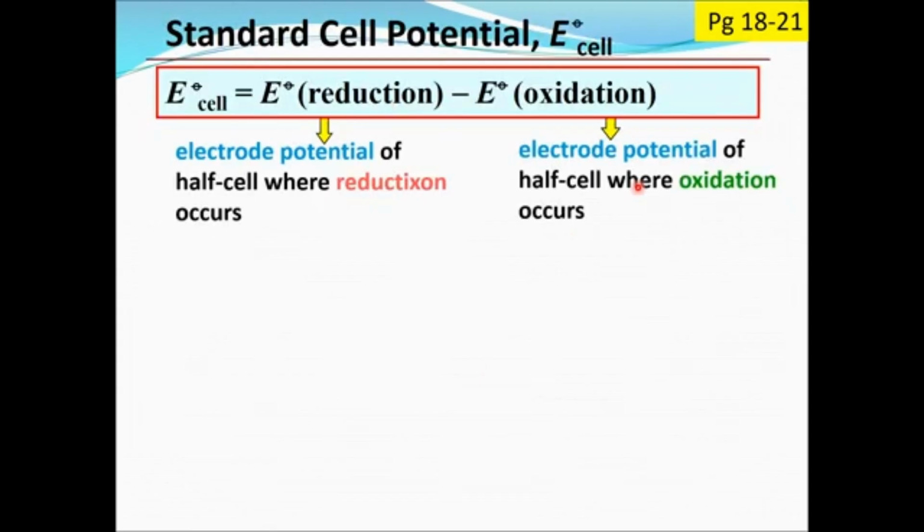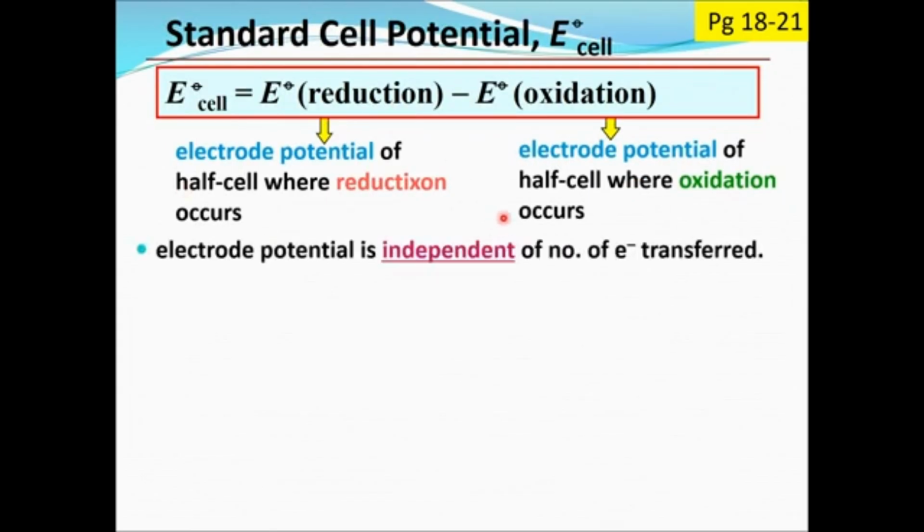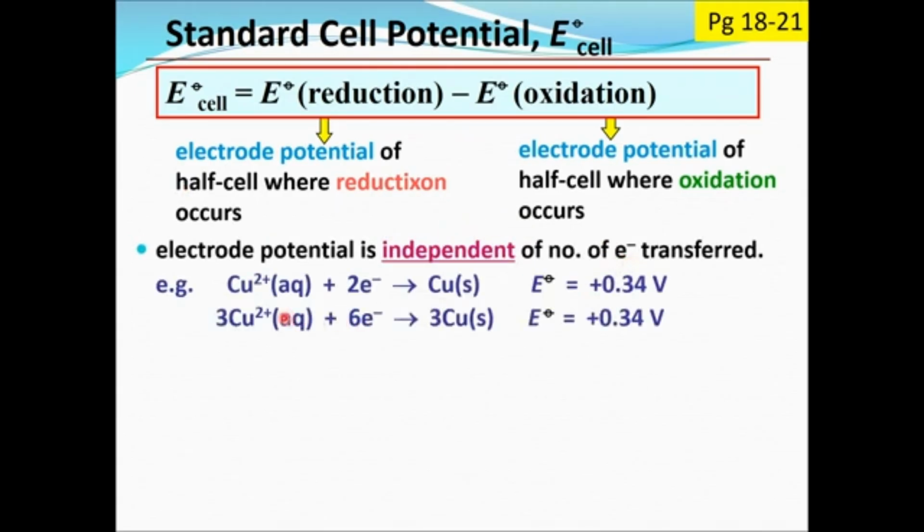This equation is of importance to us and very commonly used, so we want to get this in place. Firstly, it's independent of the number of electrons transferred. So in a scenario where you're looking at multiple electrons, like in this case where you want to multiply by 3, the E0 value will still be the same as 0.34 volts.